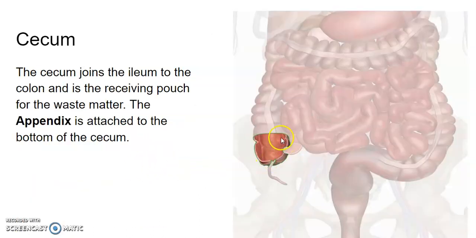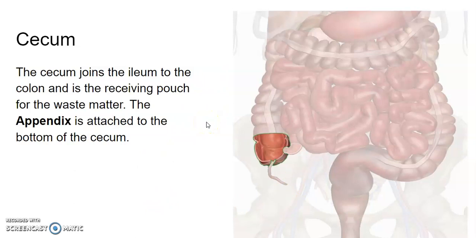And so your cecum is just this tiny little part right here. This is where the ileum joins the colon, and it's basically just a receiving pouch for waste. And attached right here at the bottom is your appendix. Your appendix used to be thought of as a vestigial organ, which means it didn't have any purpose to it.